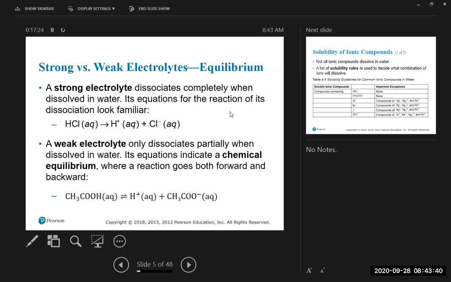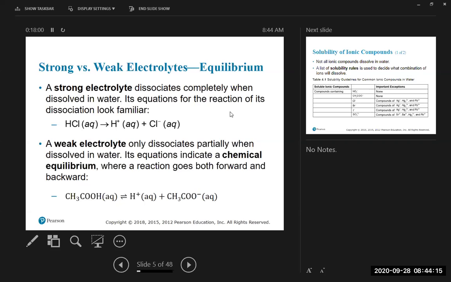We don't need to know that right now, we'll get to it a little later in the semester. But that acid dissociation constant tells us, under equilibrium conditions, what the concentrations of those three components would be. There are ways to figure that out, and we're not going to go into that right now, but equilibrium is just telling us that we don't go all the way to the proton and the acetate ion. We go part of the way, and that's what equilibrium is.